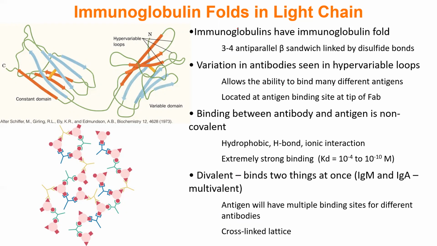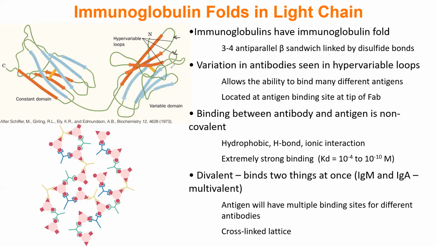And in this fold are the hypervariable loops. That's what's being pointed to here in green. These green parts of your protein don't really have structure, and they're variable. They can be any amino acid. And they're found at the very tips of your antibodies.